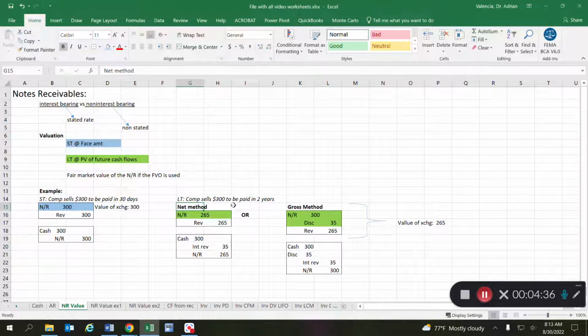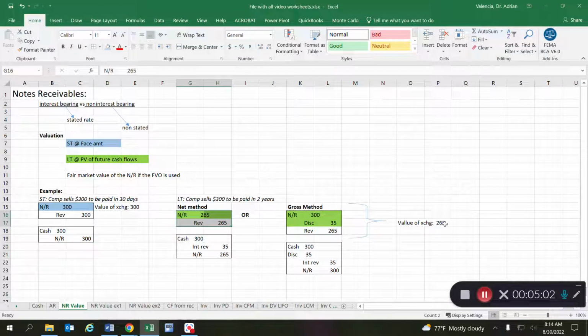Don't worry about the interest rates right now. We'll do a comprehensive example in a minute, but assume that the interest amount is $35. If, based on the discounting of the present value of future cash flows, the interest amount is $35, then we would say that the real value of that exchange is $265.